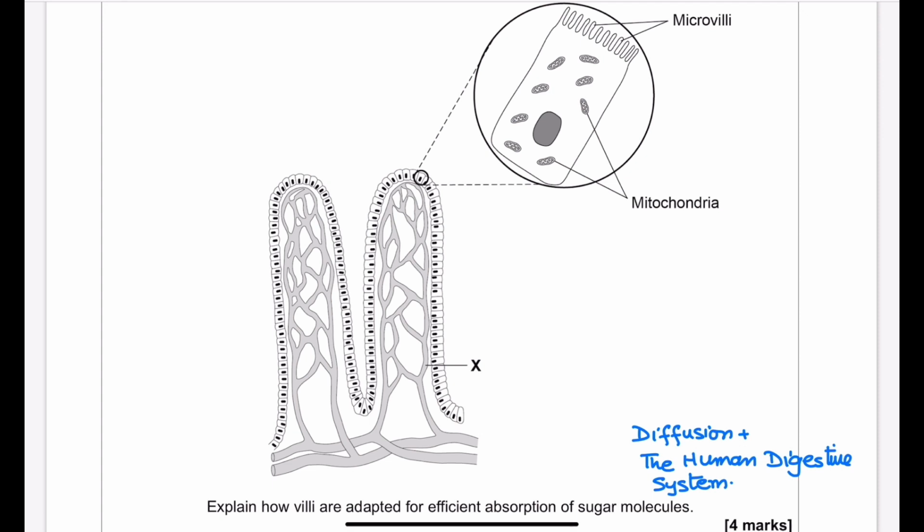If you look into the structure, there are a large number of small cells present, and each cell has a huge number of microvilli on the top of them. We try to create a large surface area for absorption of sugar molecules. The wall of the villus is just one cell thick. Therefore, capillaries inside the villus are very close to the surface for exchange of materials.